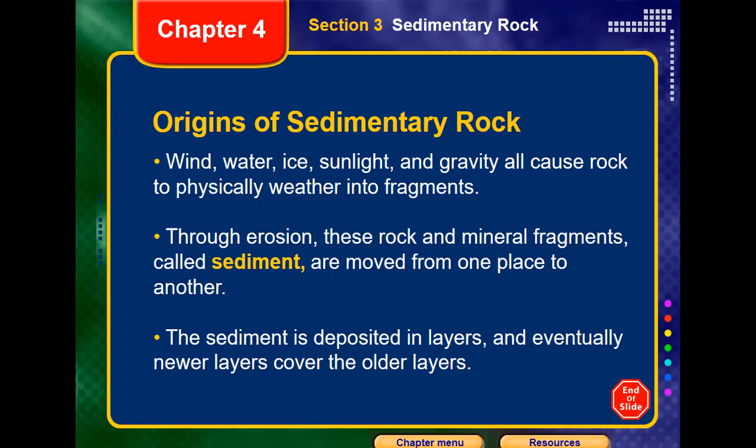These sediments later cement to each other, or stick to each other, forming a layer of sedimentary rock. Then year after year, new layers will be added. So the most important thing about sedimentary rocks is that we usually find them in layers. Each layer represents a group of processes and a certain time in which that rock was forming.